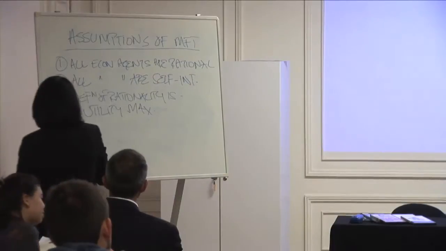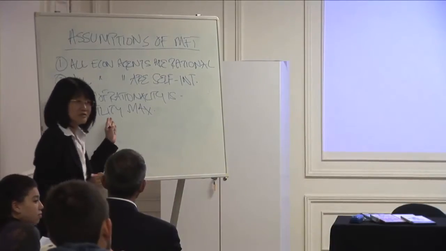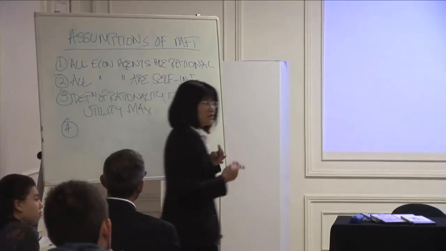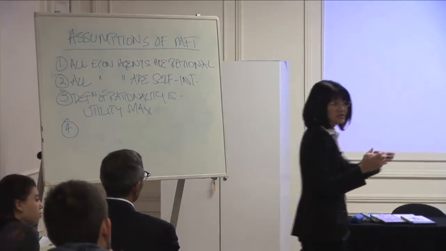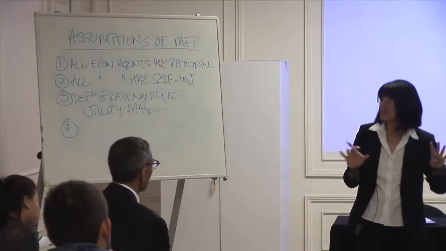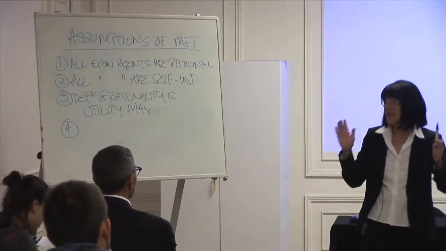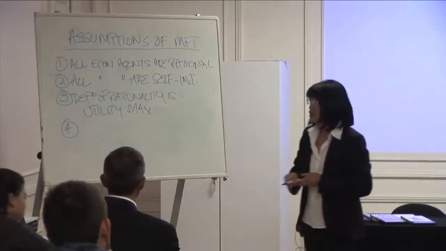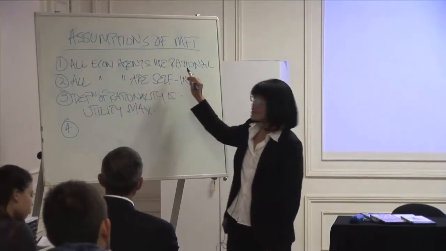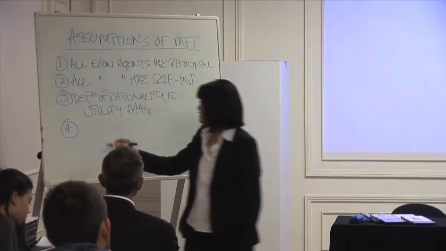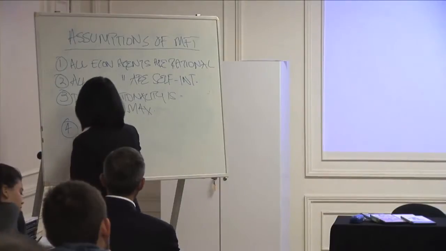All right, what is utility though? You can't have everyone saying, my utility is this, your utility is that. We all have different utilities, so it's really difficult to model. Everyone must have the same utility. So what is the utility for rational economic man? Profits.